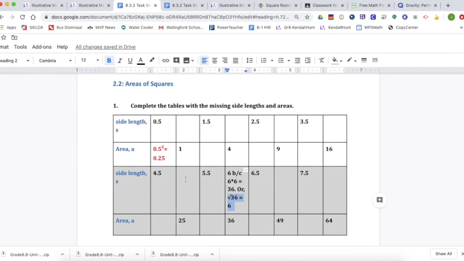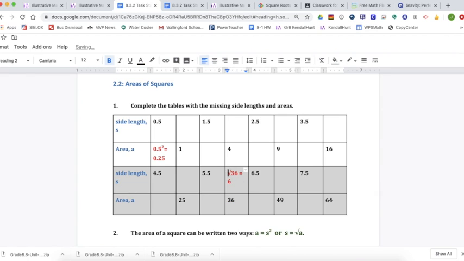I guess I'll put that in red, because that's really the good part. All right, so the square root of 36 is 6. So I want you to try to fill in the rest of this table as well as you can. And if you only want to type in just the number you get, or just the area, go ahead and do that. And then we'll see what the entire table looks like filled in just a second.